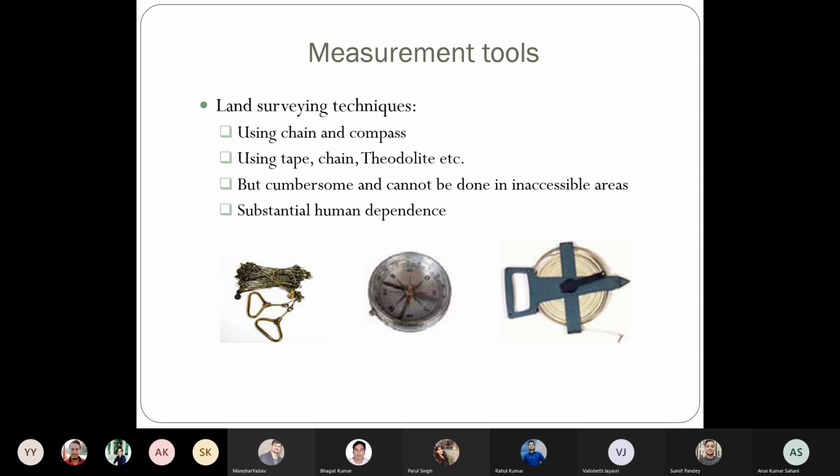But again, these methods are very cumbersome and cannot be used in inaccessible areas. Let's say in a mountainous region you want to measure the distance between 2 points. If you are going to use a chain, two persons need to hold the two ends of the chain, you need to straighten it, then you can do the measurement.